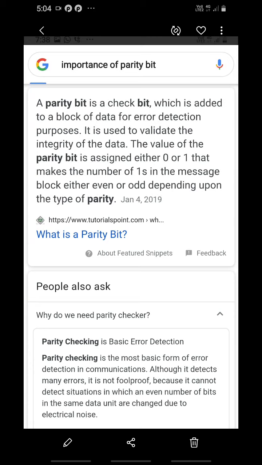That makes the number of ones in the message block either even or odd depending upon the type of parity. So why do we need a parity checker? Parity checking is a basic error detection. Parity checking is the most basic form of error detection in communications.